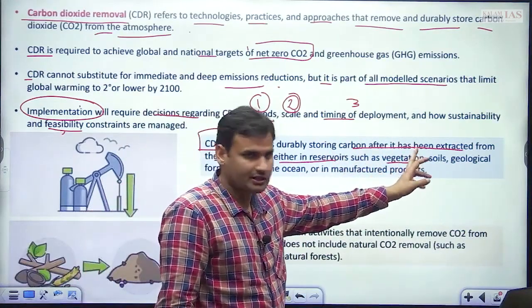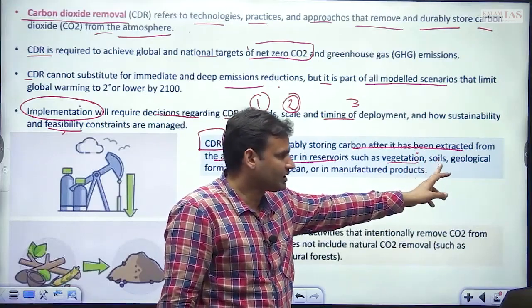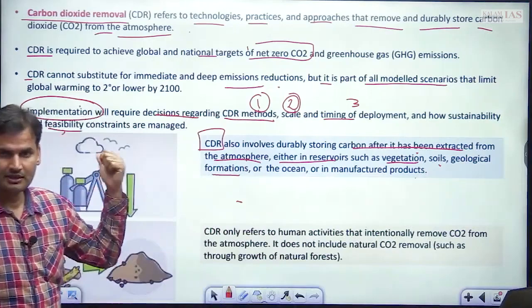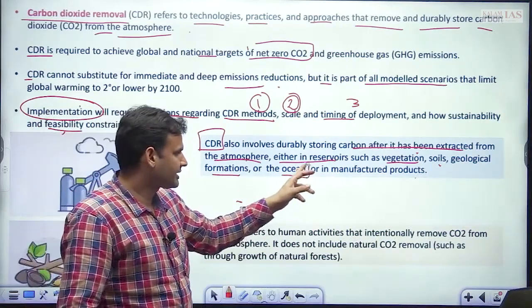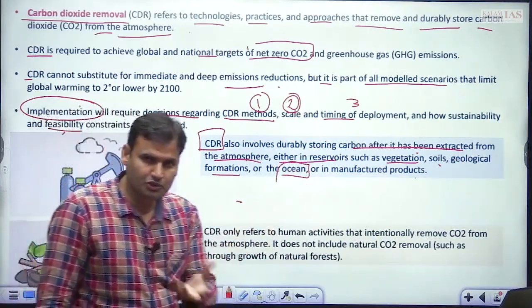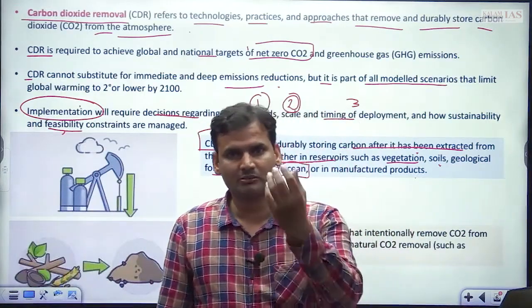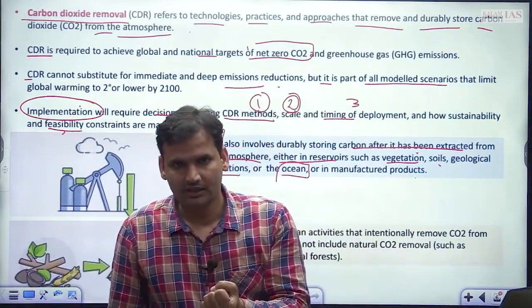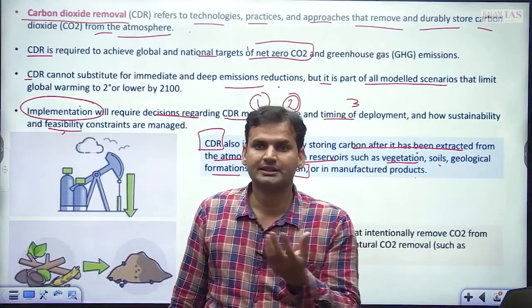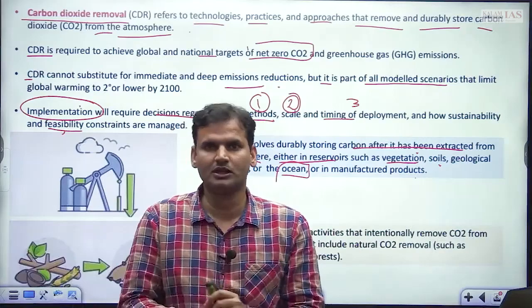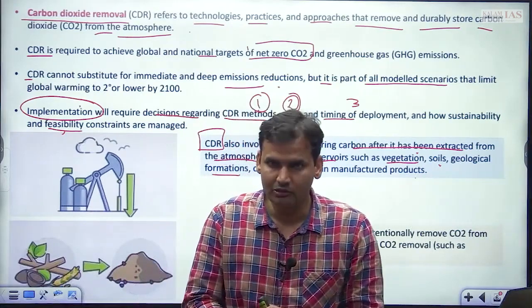It can be stored in vegetation, in soils, as well as in geological formations, as we just saw in the diagram. And carbon can be stored in oceans also, because oceans are a major component wherein carbon is stored. You must have read about ocean acidification, because carbon dioxide reacts with water to form a weak acid, that is carbonic acid.